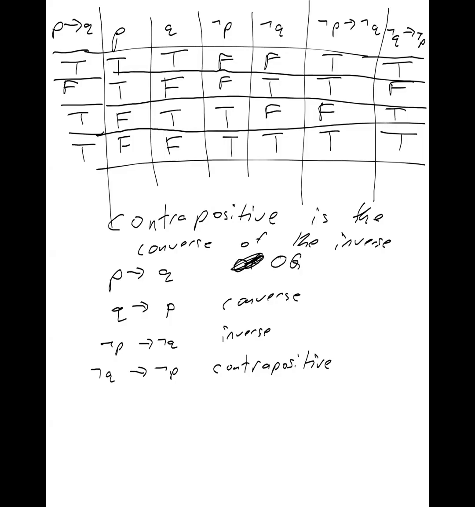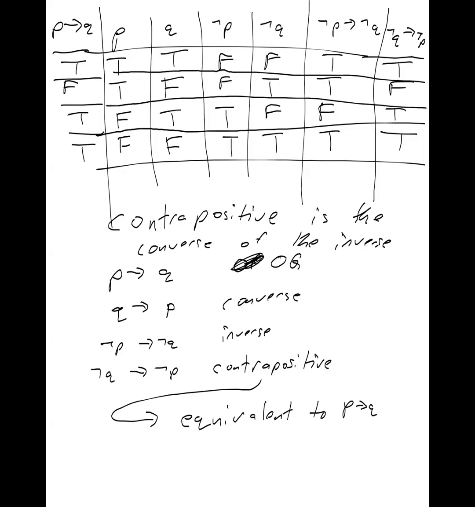So the diagram for P implies Q works out to be the same as the diagram of the contrapositive. The contrapositive is actually equivalent to the original, to P implies Q.